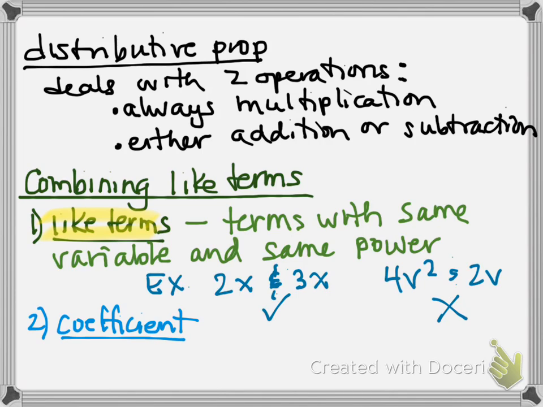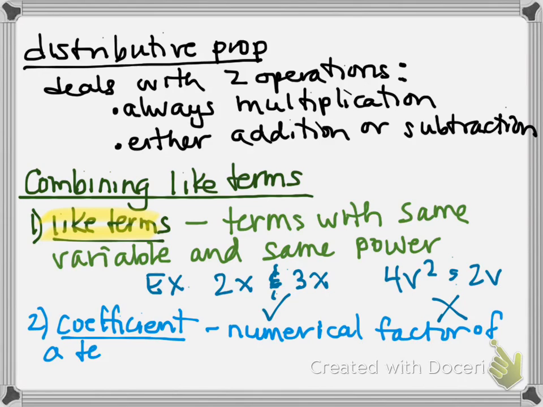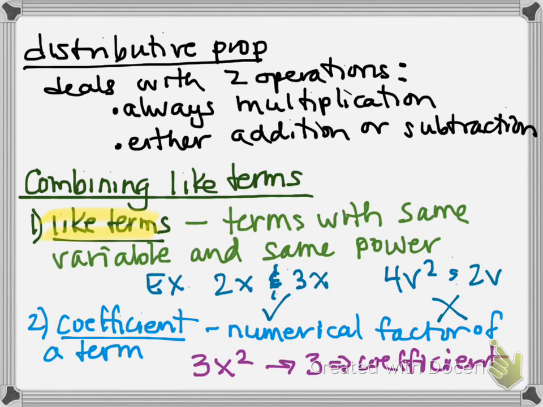I'm going to use it a lot. It is the numerical factor. Factor means part of a multiplication problem of a term. So if I have 3x squared, 3 is the coefficient. Okay?